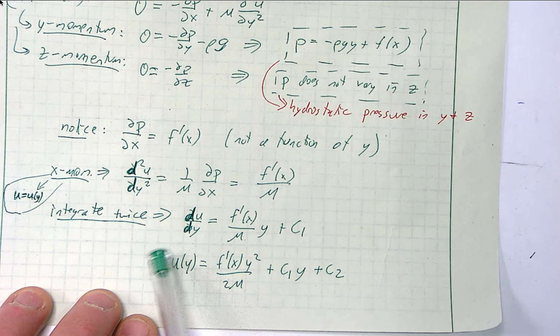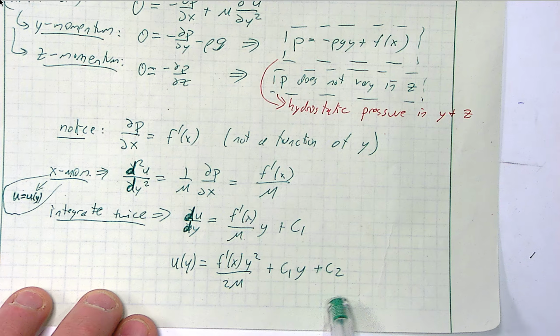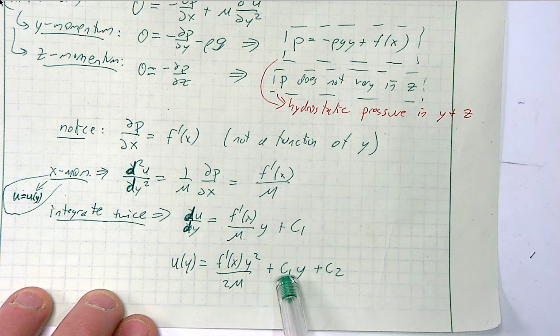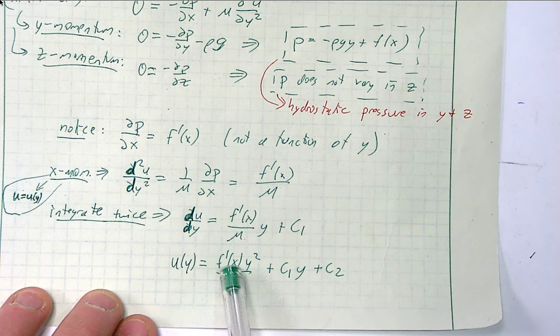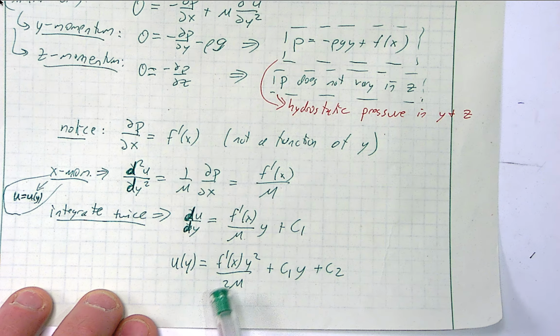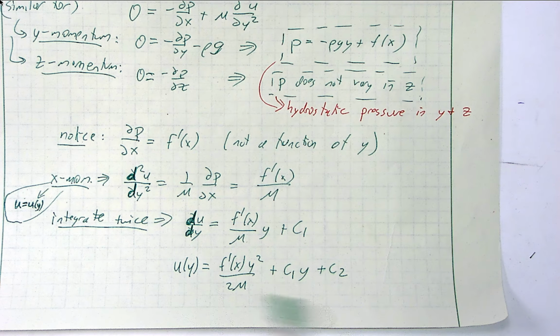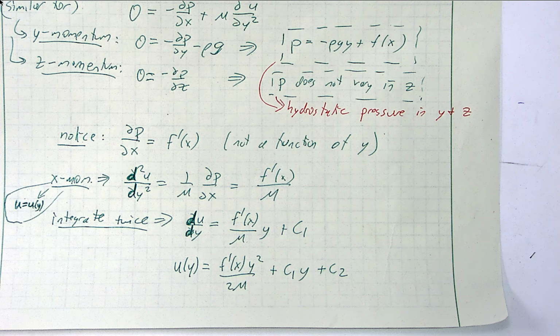Okay, so here's our general form for that velocity profile. Right? These two parts here make it a linear profile, but this dp dx, which is hidden in here, dp dx is just f prime of x. If we have a dp dx, it actually starts to have a quadratic nature to it. Okay, so that's the general form. Now let's solve for these.